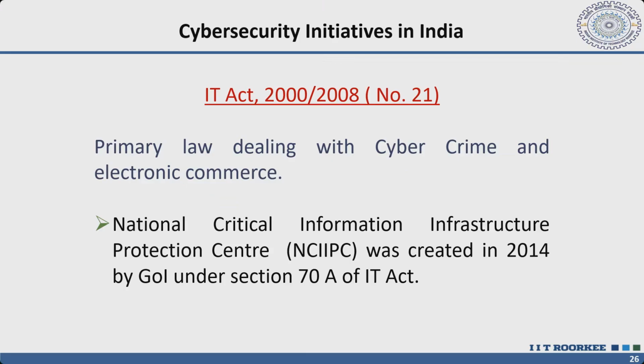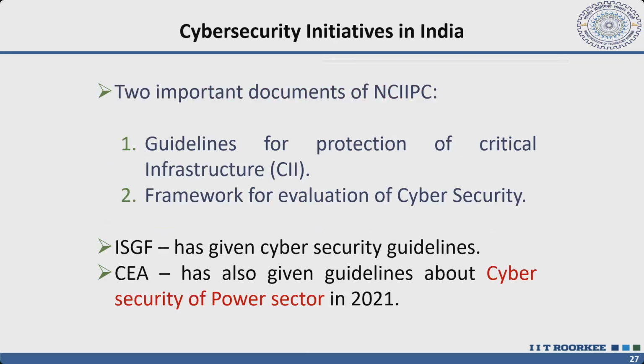This NCIIPC is going to deal with two important aspects. One is to prepare the guidelines for protection of the critical infrastructure of our country. And second, to prepare a framework for evaluation of cyber security in our country. Before 2014, there was no framework. That's why the government established this NCIIPC.